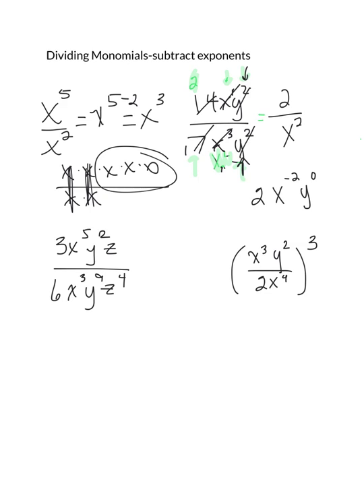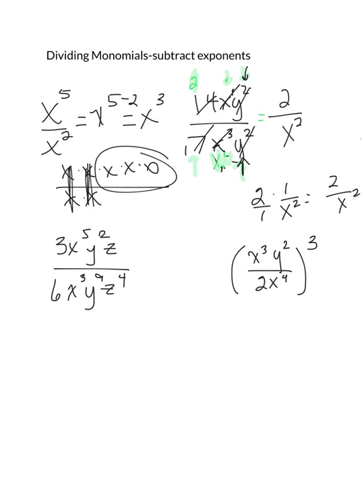So 2 over 1. To make x to the negative 2 a positive, we take x, 1 over x squared, and then we know any number to the 0 power is 1. So this is going to just become 1. Then always put it back together. So 1 times 2 is 2 over 1 times x squared is x squared.